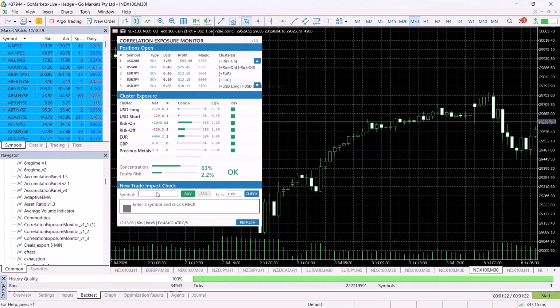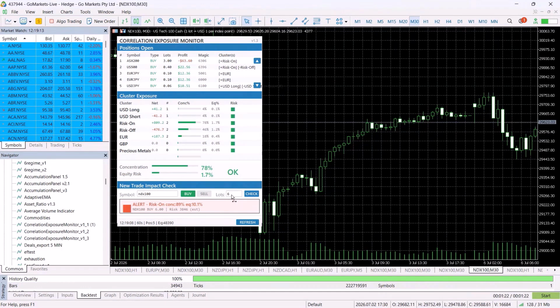And then we can type in, let's say we typed in NASDAQ 100, and we're going to buy 6 lots. We can check and see what happens. What this would say is that this would increase our exposure significantly, which would put us into a tricky position.